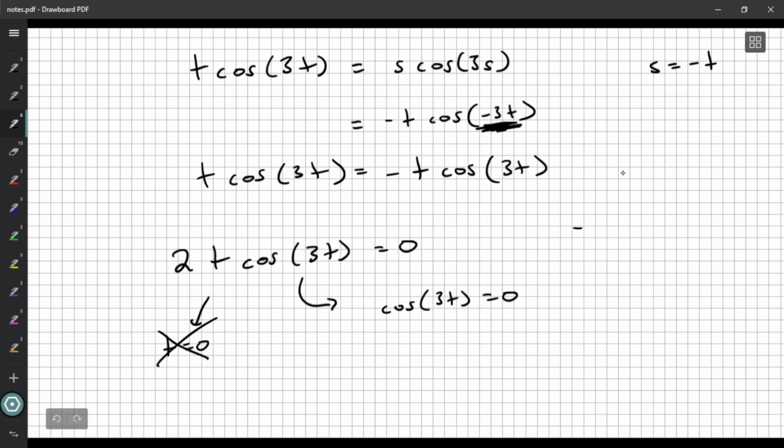Now we're going between negative pi by 4 and pi by 4, so 3t is between 3 pi by 4 and negative 3 pi by 4. When is cosine equal to 0 in this range?